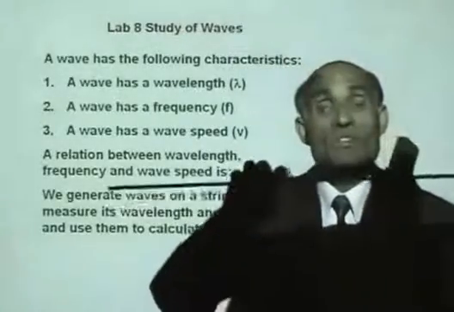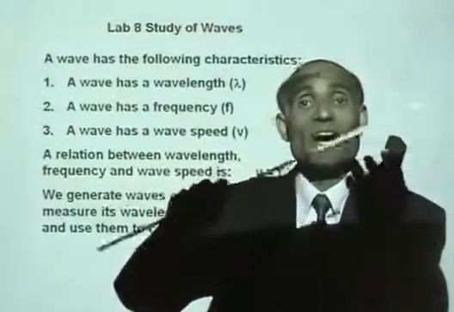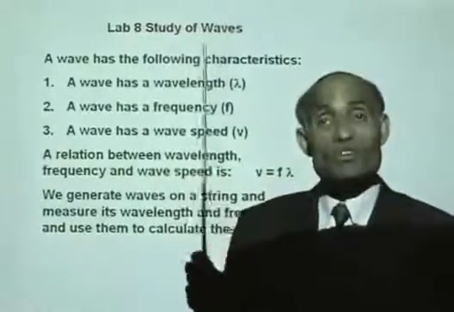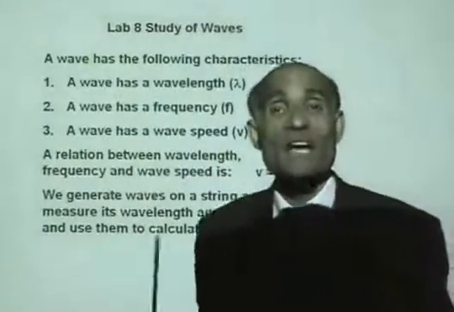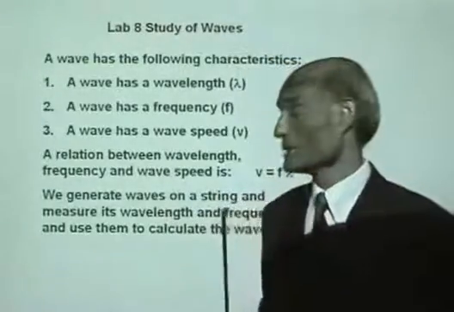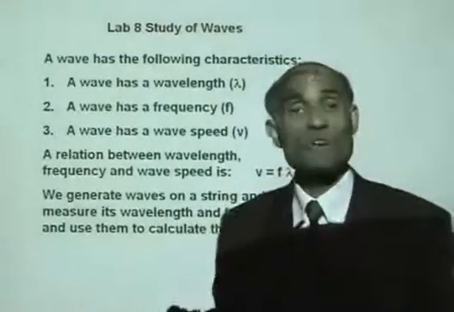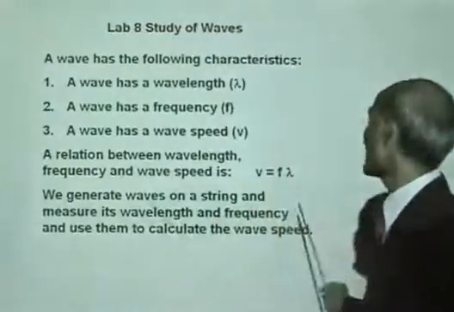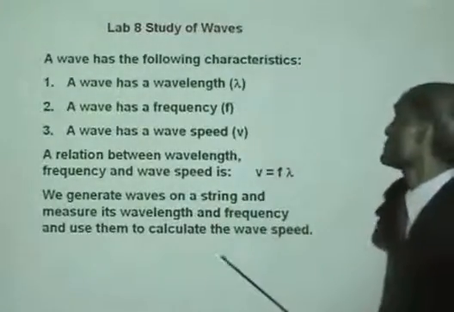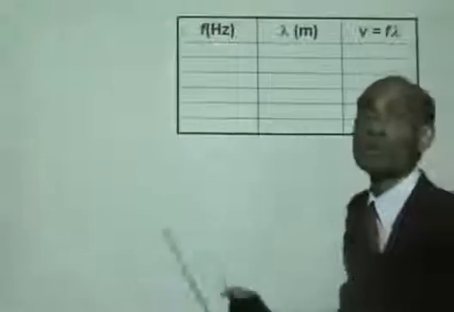We are going to measure the wavelength, and we are going to use the frequency that we can measure from the machine. I will measure it and give it to you. So we will measure the frequency, we will measure the wavelength, and then calculate the wave speed. That's what we're going to do.